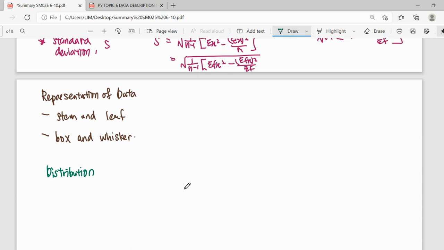One is symmetrical distribution, or we can call it bell shape, or we can call it normal. This one you will use a lot in the topics later on.